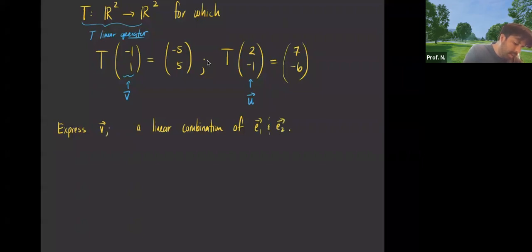So express V and U as linear combinations. What is V going to be? V is (-1, 1). So how would you write (-1, 1) as a linear combination of E1 and E2?